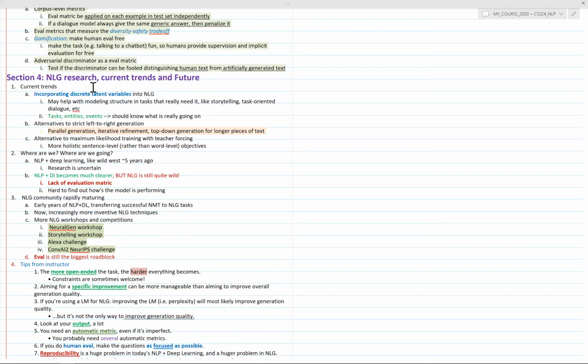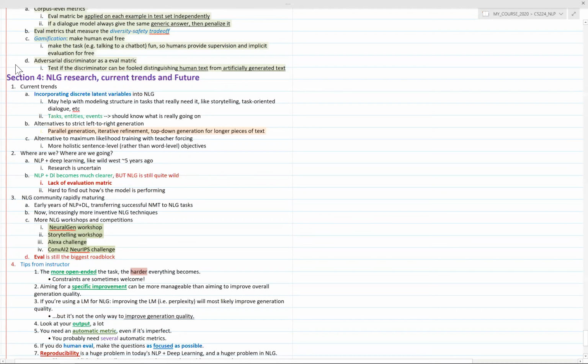And the other trend is people are using alternatives to left-to-right generation, with parallel generation or iterative refinement and top-down generation, and this kind of different ways to generate words.